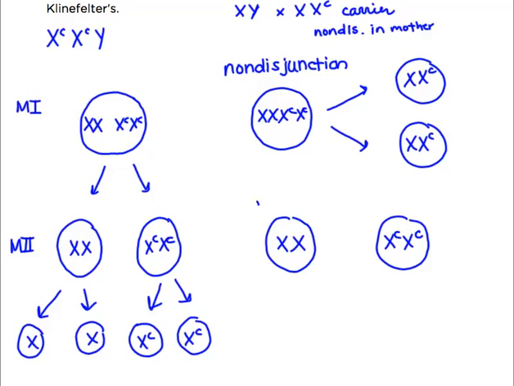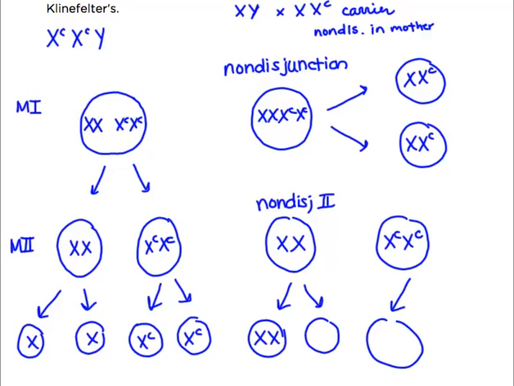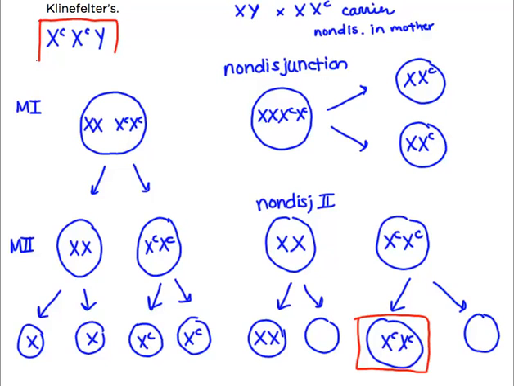And if you have non-disjunction here, which would be called non-disjunction 2 for meiosis 2, you would get gametes, one that has 2 normal X's and one that has no X, one that has 2 colorblind X's, and another that has no X. So obviously here, this is the gamete that fused with a gamete with a Y chromosome from the father to make this Klinefelter son who was colorblind.